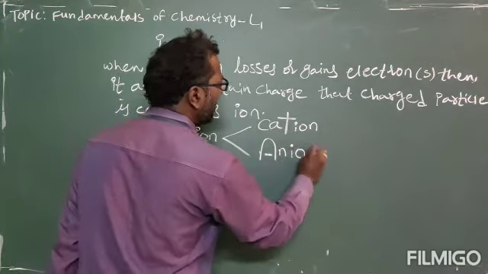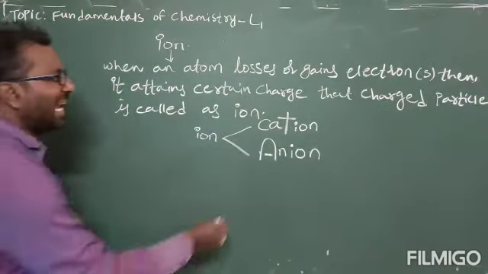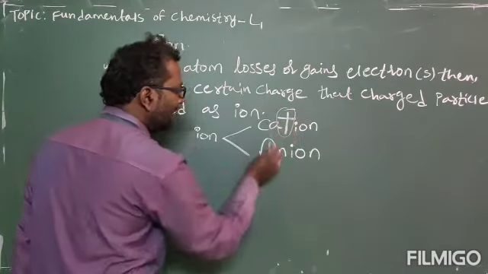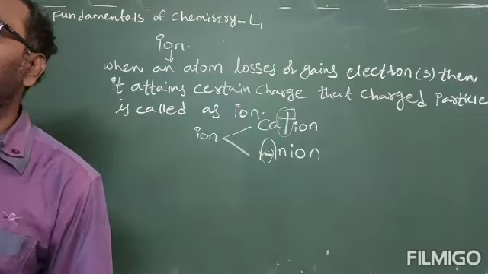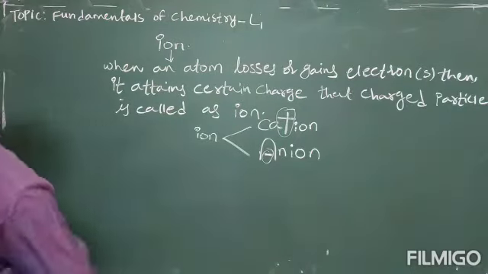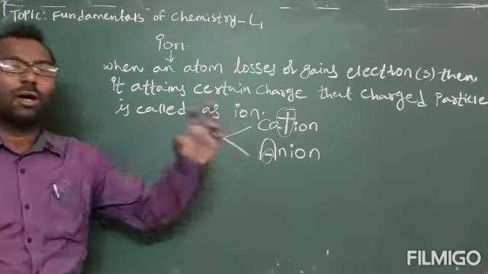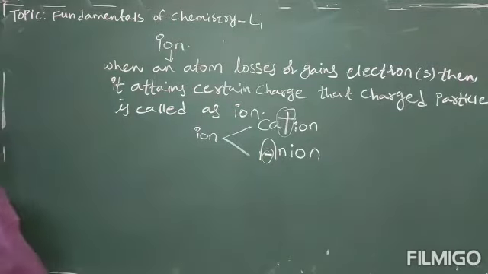I think you have understood. In cation, plus is there. In anion, minus is there. So cation means positively charged particles. Anion means negatively charged particles.